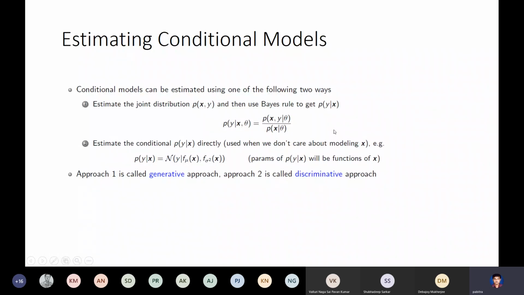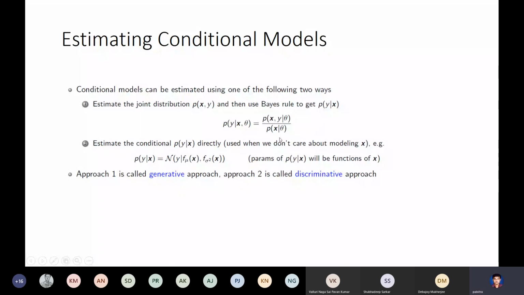If theta is the parameter of this joint probability, then p of y given x and the parameter theta is p of x given y, theta. I missed the p of theta, divided by p of x given theta. Okay, I missed the p of y given theta.